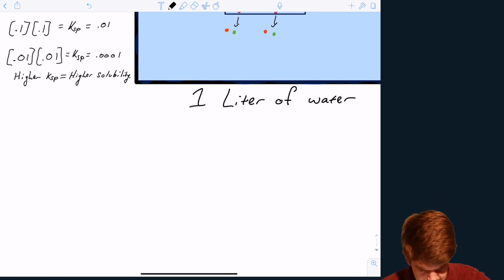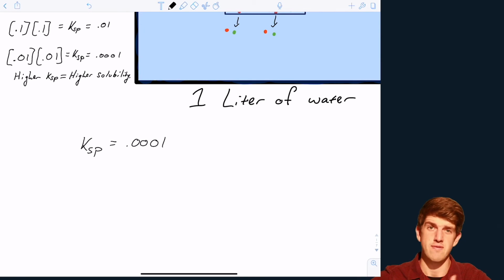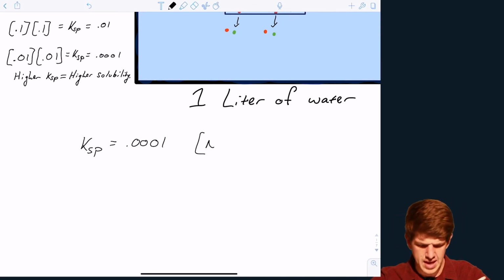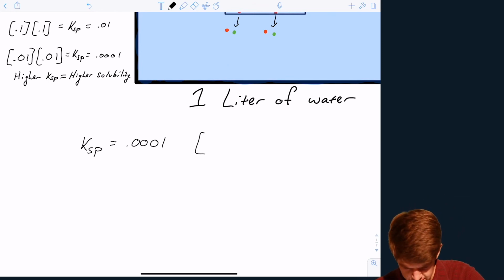So let's say I have a Ksp value of 0.0001. And that means for NaCl, I had a concentration of Na and Cl of 0.01 for each.